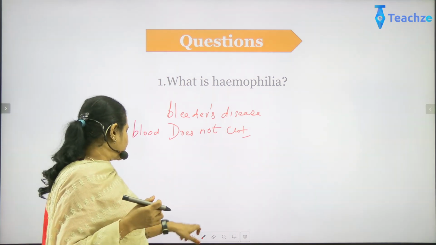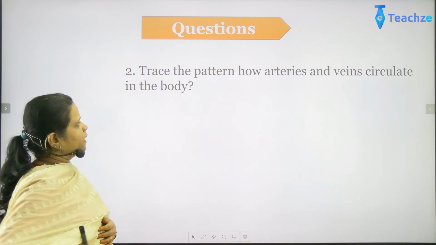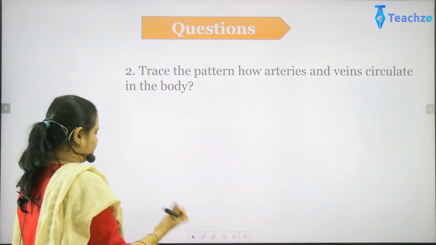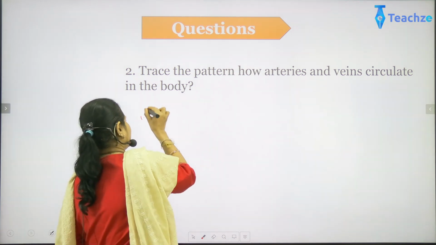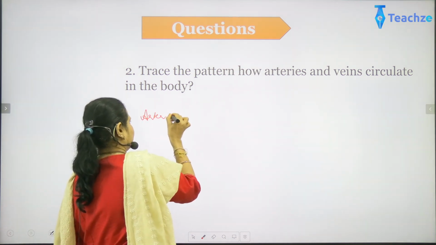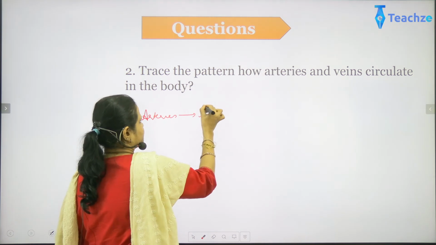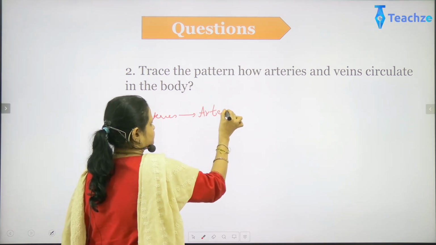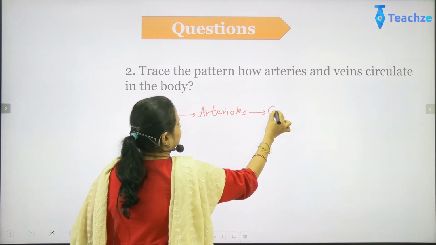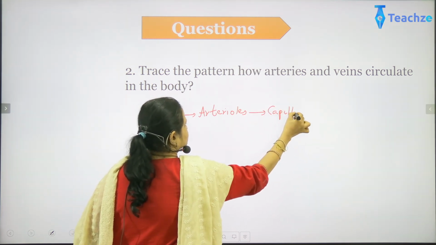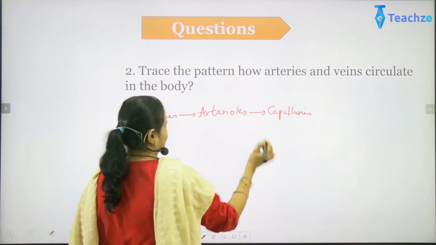Now coming to the next one. Trace the pattern of how arteries and veins circulate in the body. We have given the flow chart already. The arteries break down into arterioles, and arterioles join to form the capillaries or break down into capillaries.